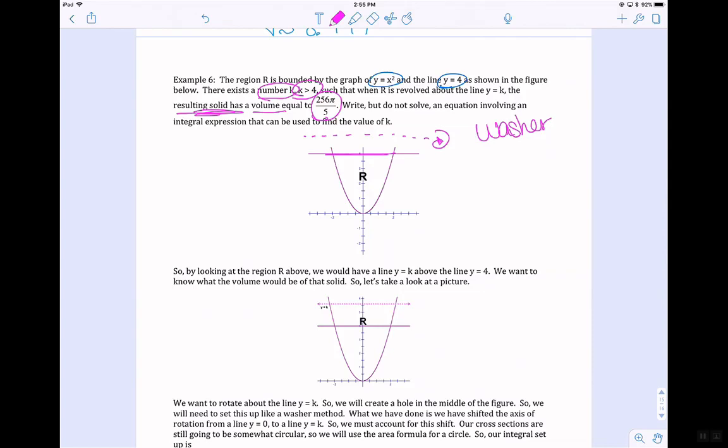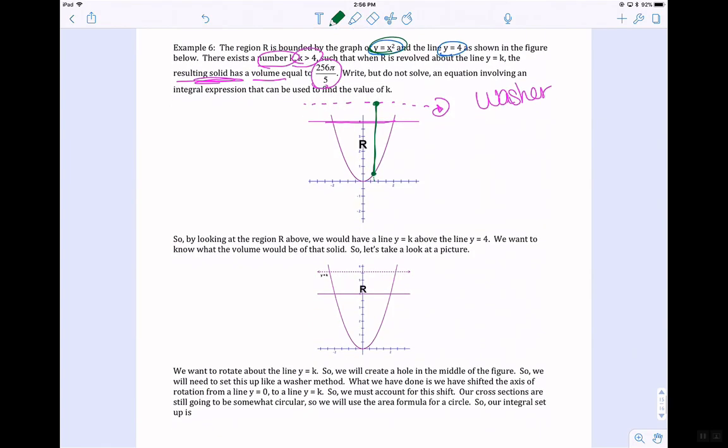Okay? So if this volume is equal to that, we're going to rotate this equation around, which means I need to calculate the distance between my axis of rotation and the furthest part of my graph. So what's the distance between these two points? This value here is something on y equals x squared, but I'm taking my k and I have to subtract off this little y value.